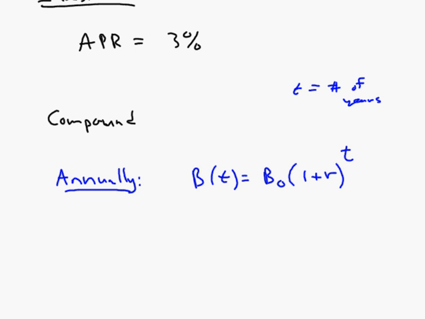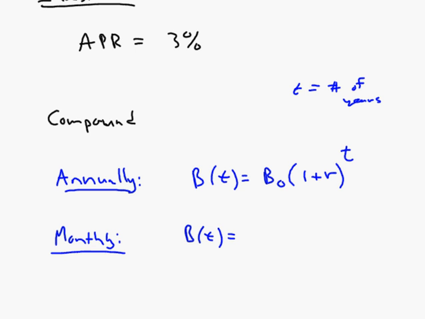So you can do things a little bit differently. You can go to some places and they'll say, all right, we compound more frequently than once a year. In other words, they don't wait till the end of the year to give you a piece of interest. They give you a small piece of interest each month. That would be called monthly compounding.